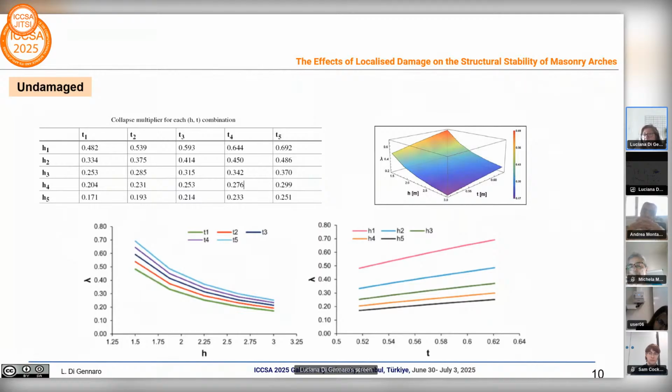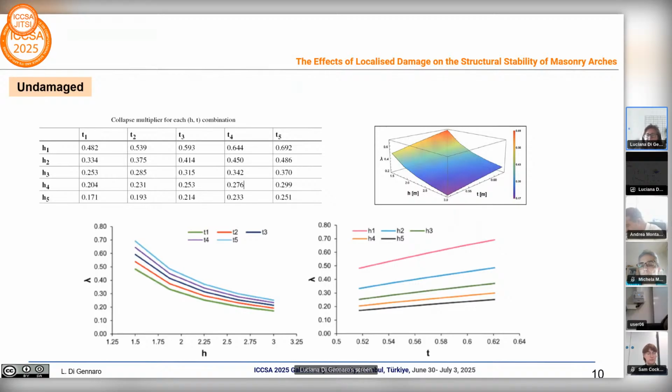Increasing the thickness T, we can observe a systematic rise in the collapse multiplier across all configurations, confirming that thicker arches are more resistant to horizontal forces. In contrast, an increase in the rise H is associated with a reduction in lambda, indicating that flatter arches perform better in terms of structural capacity under lateral action.